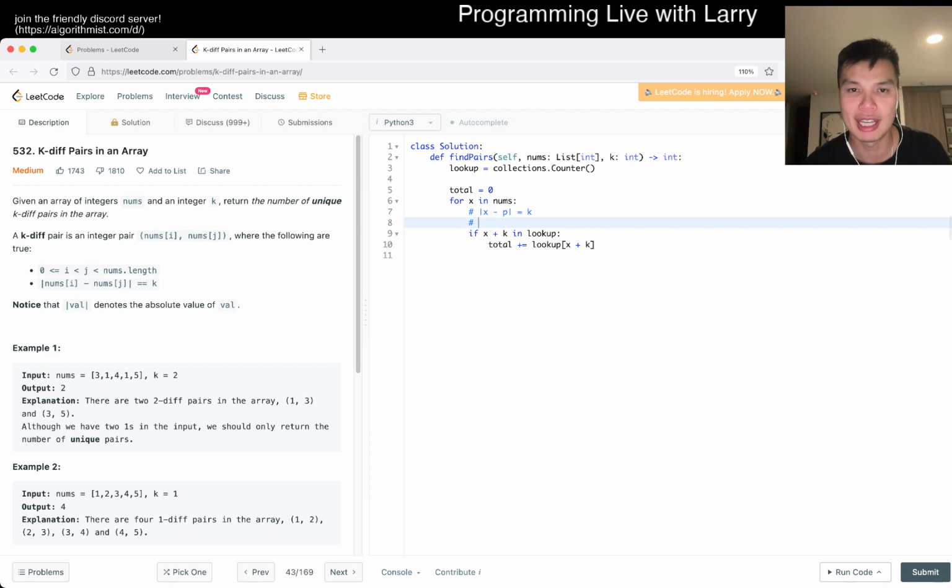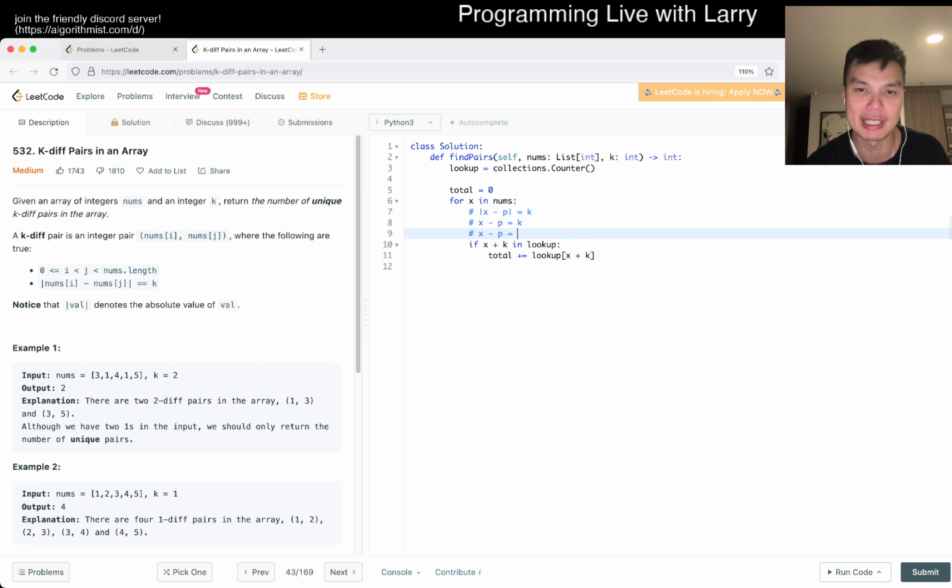There's x. I guess this is i minus j, but it doesn't really matter. There's x minus p is equal to k, and then there's x minus p is equal to negative k. Those are the two ideas, and of course you can put the signs on the other one as well, but same idea.